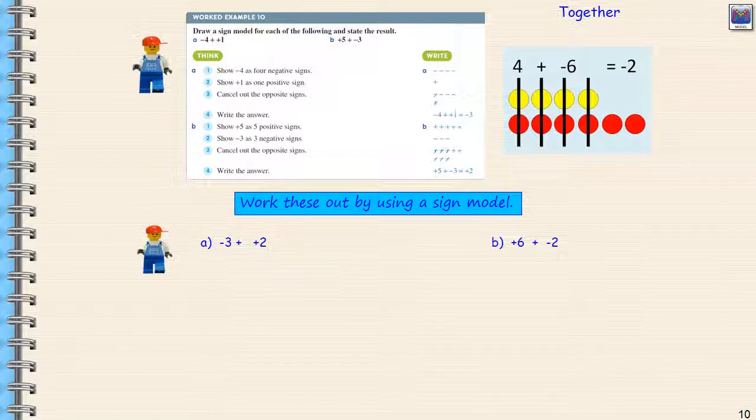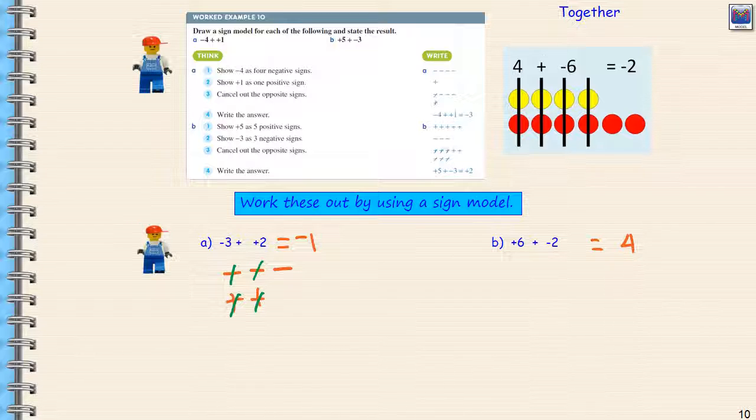We can do the same here. -3 plus +2. What cancels out? That one and that one, that one and that one. And I'm left with one negative, -1. Okay? Same with this one. You can have a go at it.